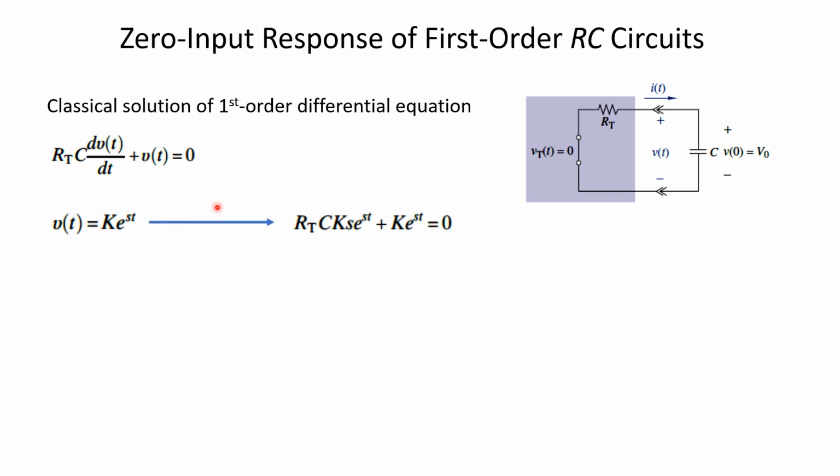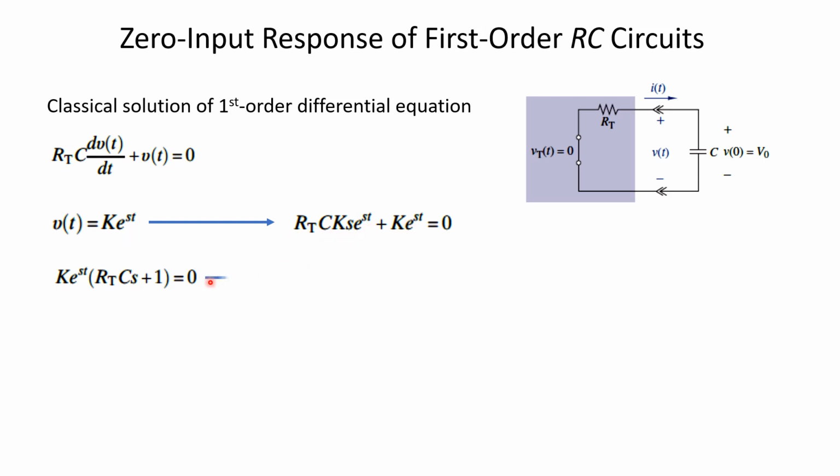If our assumption of v(t) equal to K e^(st) ensures that the sum is 0, it means that this is the solution of the equation. Now, if we substitute K e^(st) in here, the first term will be RC d/dt of K e^(st), and d/dt of K e^(st) is sK e^(st), and the second term is K e^(st), as we have said before.